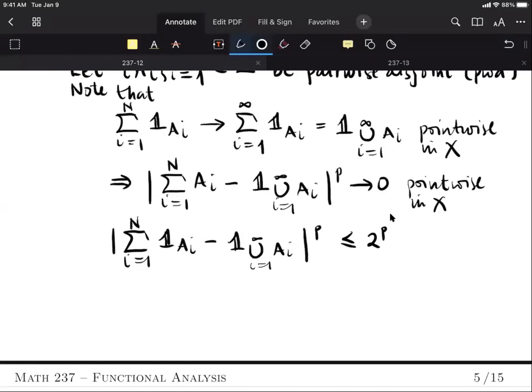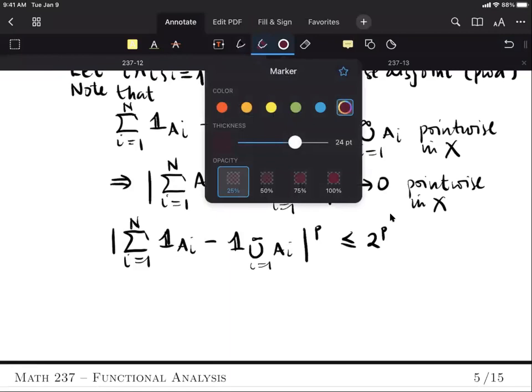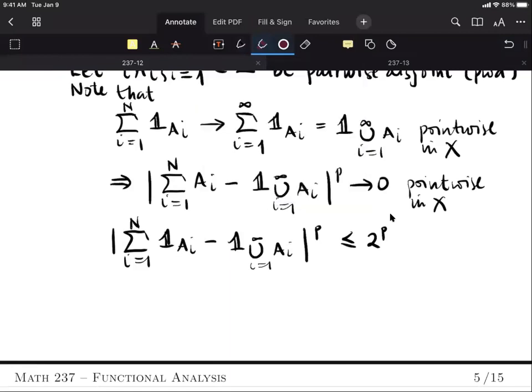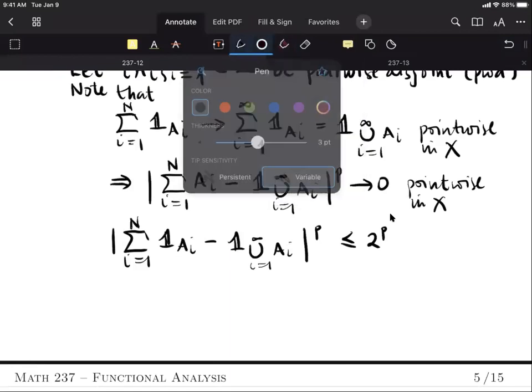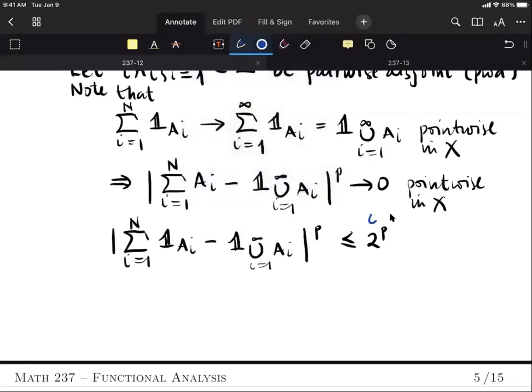So we can now apply the... let us say that if we treat this as your constant function, this will be now in L1. Okay.